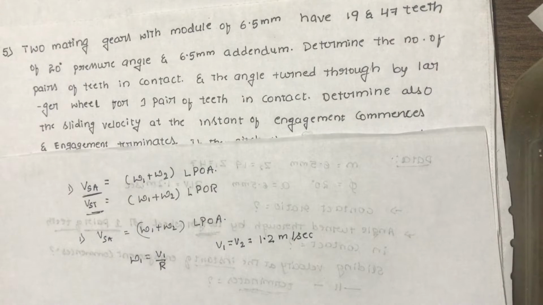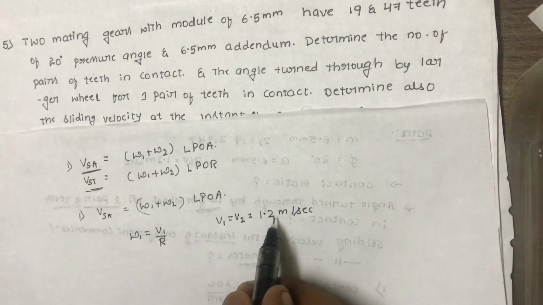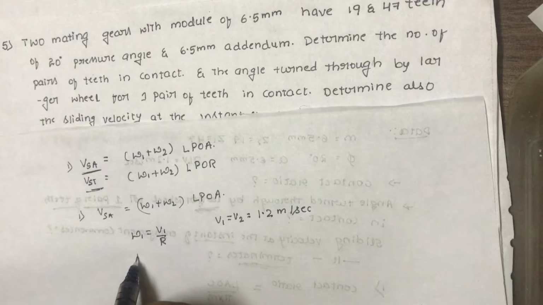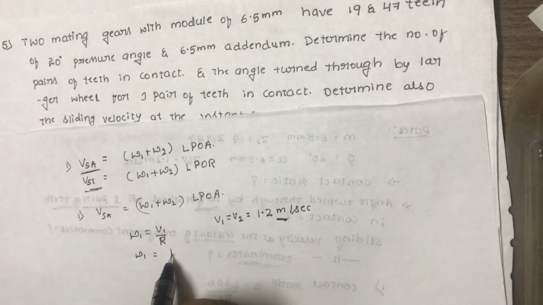The pitch line velocity of 1.2 meter per second is nothing but your rolling or linear velocity. So you have V1 as 1.2 meter per second, and the radius is in meter, so I need to convert it into millimeter.